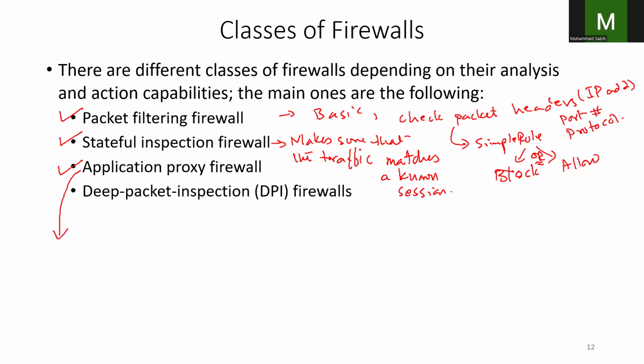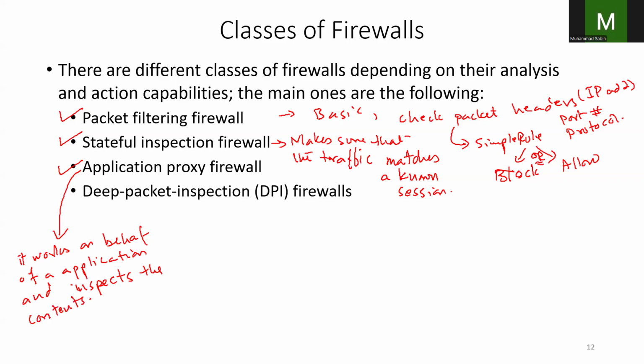So it is just like a middleman, and it works on behalf of an application and checks and inspects the contents, and it is strong, but there is another problem of introducing latency.